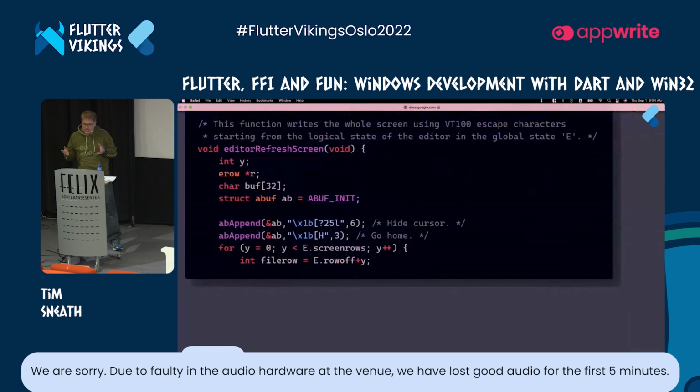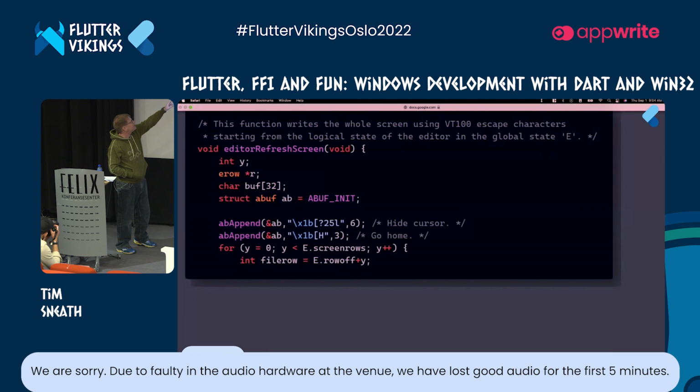So there's an example. This is a bit of code from Kilo. If you want to move the cursor to the top 0,0 coordinate to start drawing the text editor, you send this bit of code to the screen. There's this sort of bizarre looking bit of code here, and the \x1b means send the escape sequence control code.